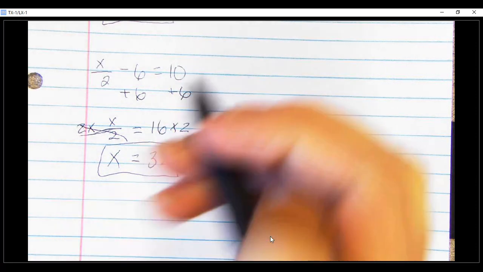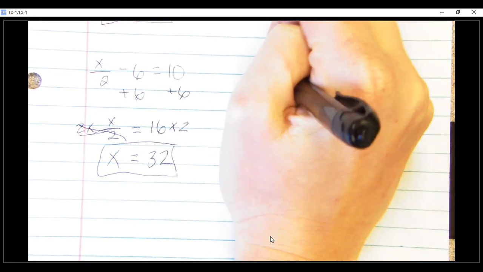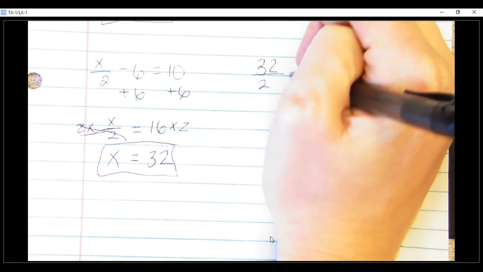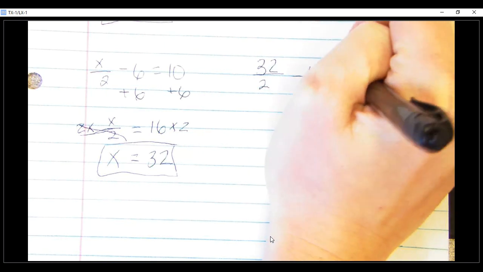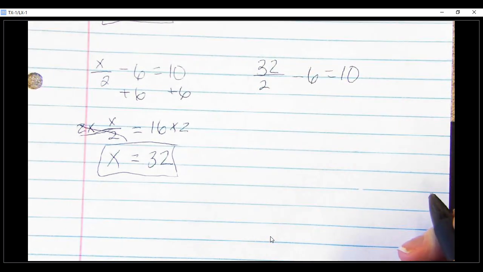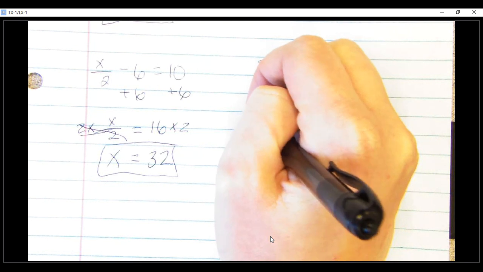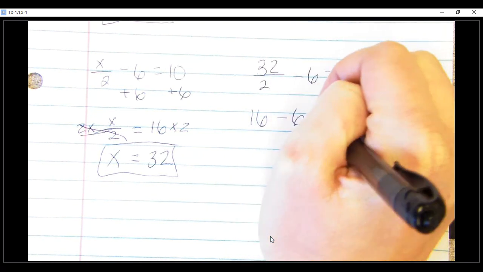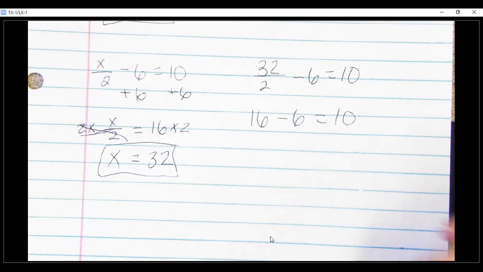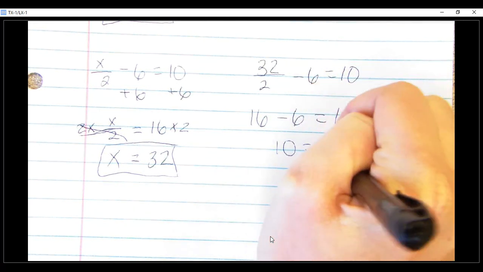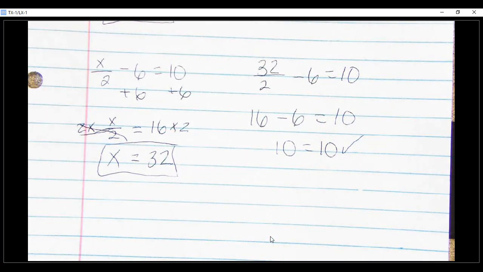If I plug in 32 for x, I will have 32 divided by 2 minus 6 should equal 10. Well, 32 divided by 2 is going to be 16. And 16 minus 6 does equal 10. Great. Another one solved, another one 100% done.